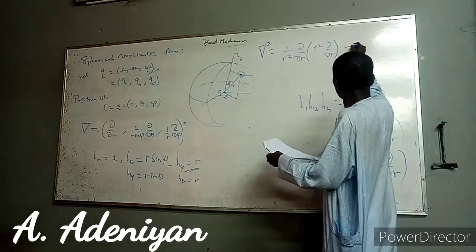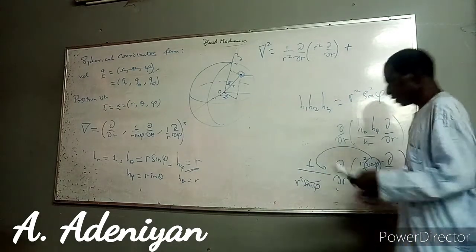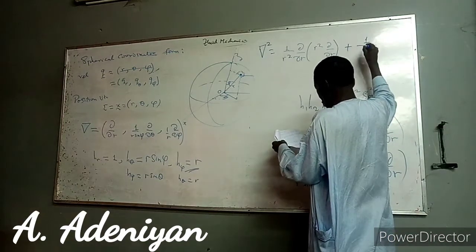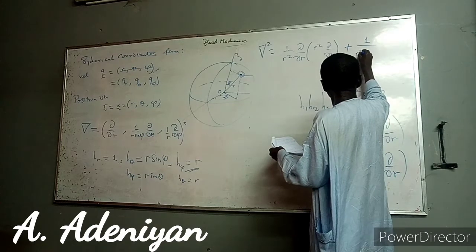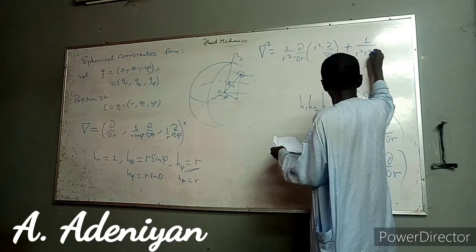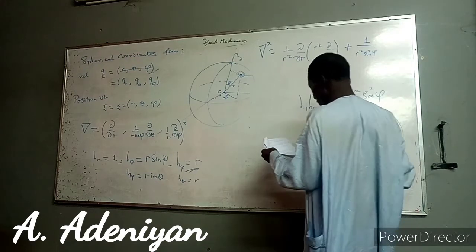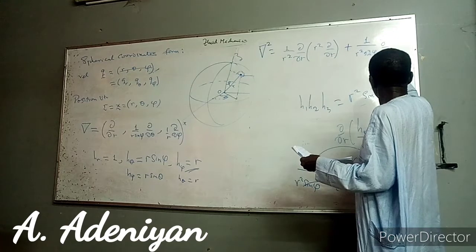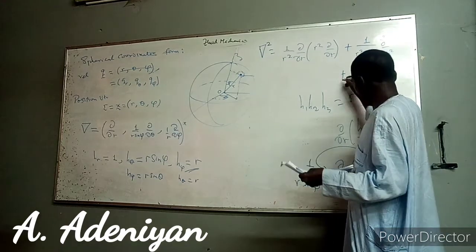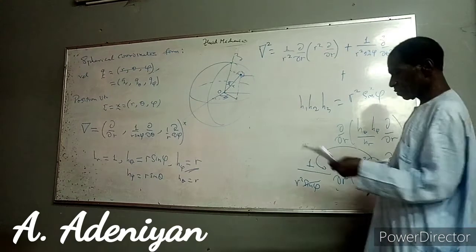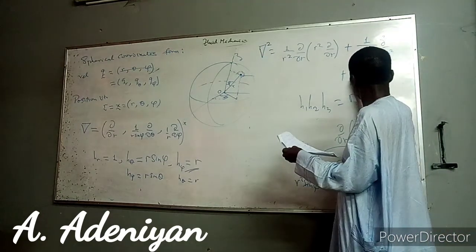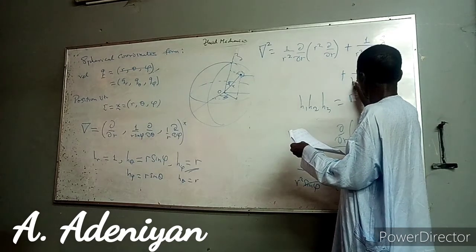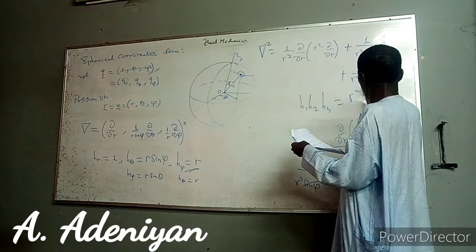Then the others. Let me follow the same trend. The next one is going to be 1 upon r squared sine square phi. Okay, that's what we're going to get. Then di squared by di theta squared plus, lastly, the last one, which is going to be 1 upon, take note, r squared sine phi.